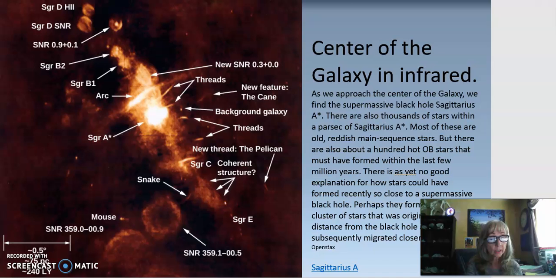As we approach the center of the galaxy, we find the supermassive black hole Sagittarius A. There are also thousands of stars within a parsec of Sagittarius A. Most of these are old reddish main sequence stars, but there are also about 100 hot OB stars that must have formed within the last few million years. There is as yet no good explanation for how stars could have formed recently so close to a supermassive black hole.